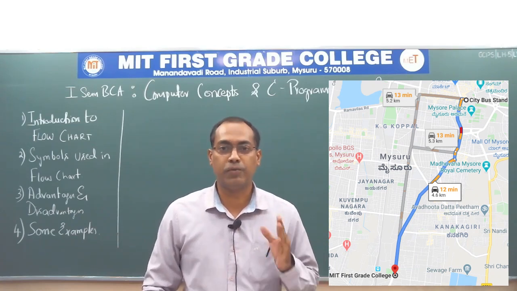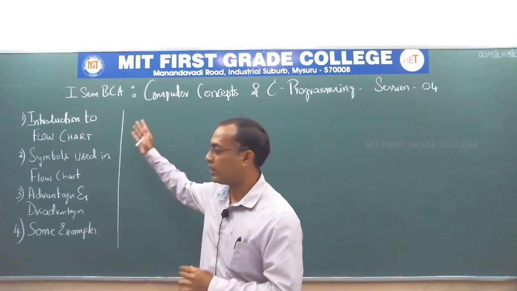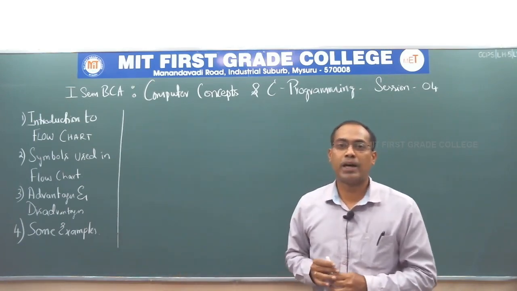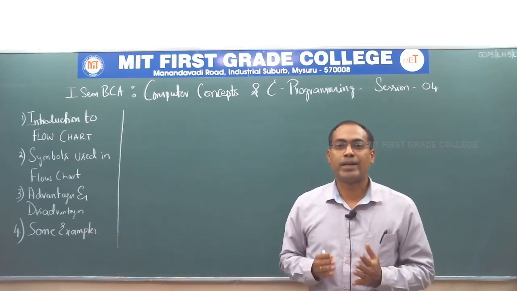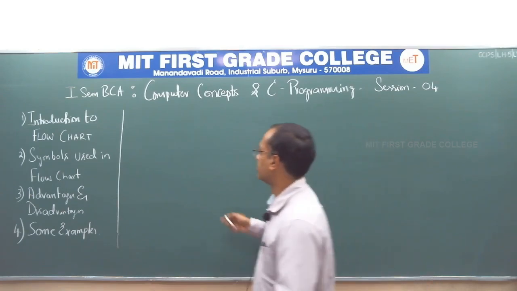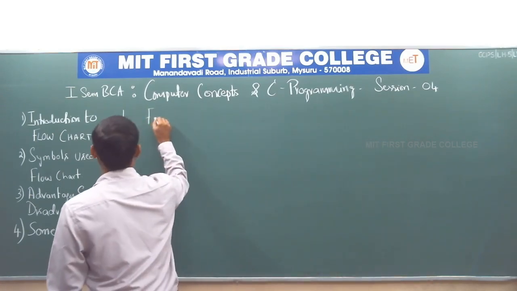So with this, if you have understood, we come to know what you mean by flowchart. Flowchart is nothing but a pictorial representation of the algorithm. That's the fundamental definition.